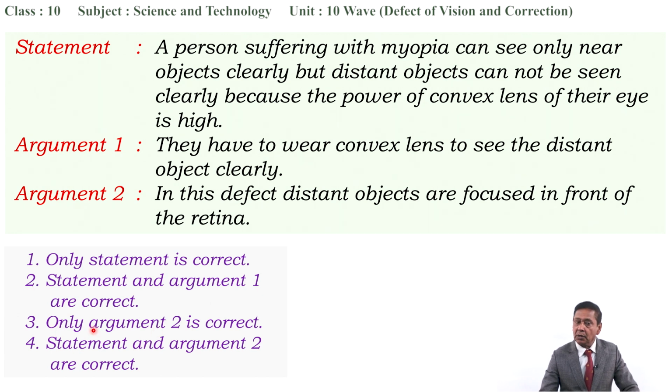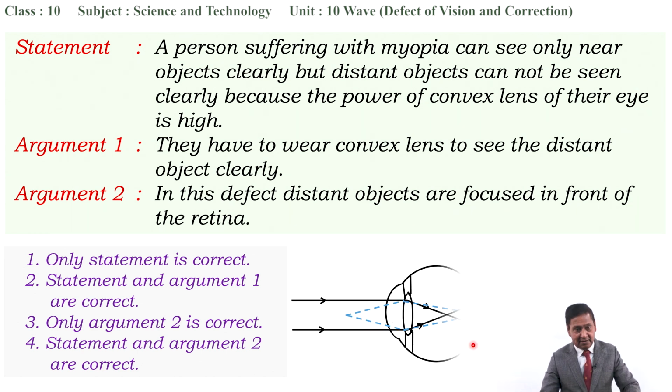Number 3. Only argument 2 is correct. Looking at this, it is incorrect because only, how can we say only, because the statement is also correct. Even though, let's check argument 2. In this defect, distant objects are focused in front of the retina. Is it? Now, I want to bring the diagram back. What is written?